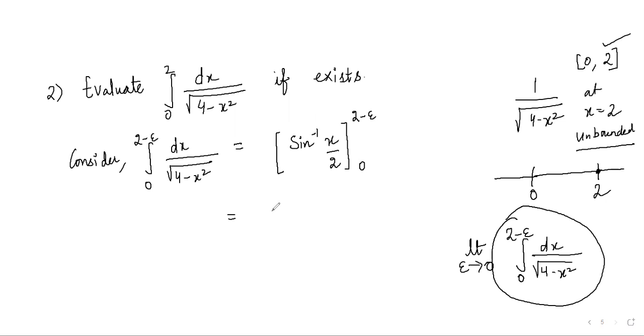Let us consider these limits. Sine inverse of 2 minus epsilon upon 2 minus sine inverse 0, and we will get here sine inverse of 2 minus epsilon by 2. Now, after evaluating this integral, let us find out this limit.